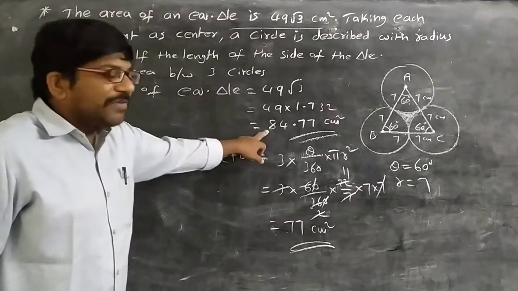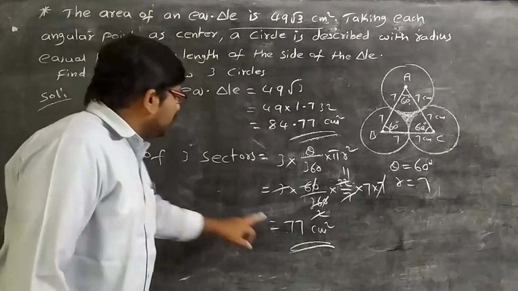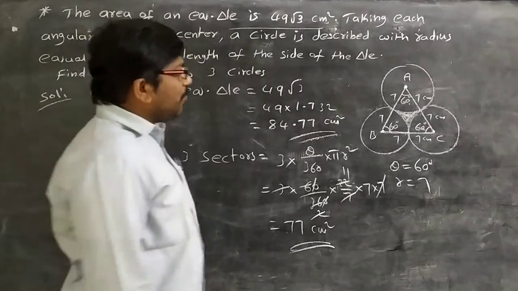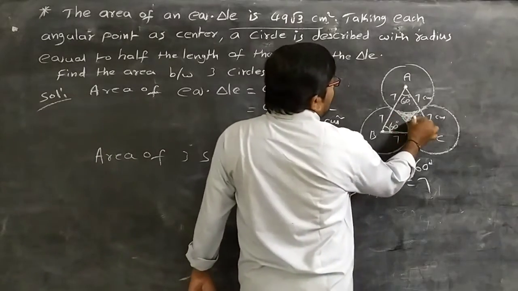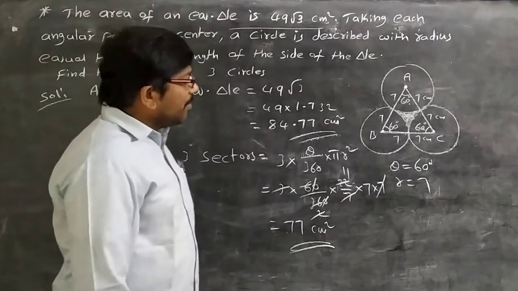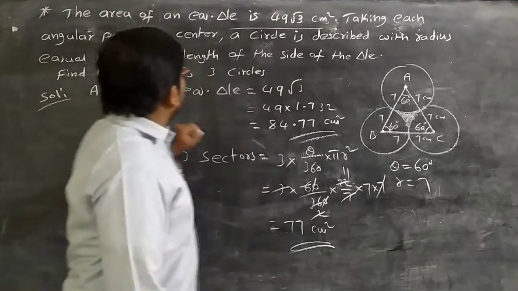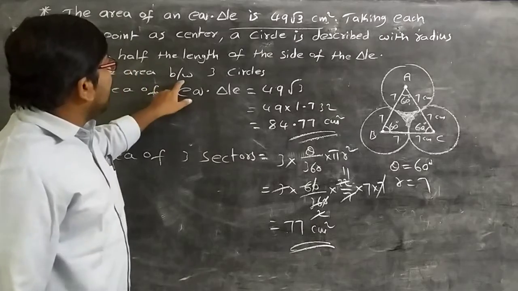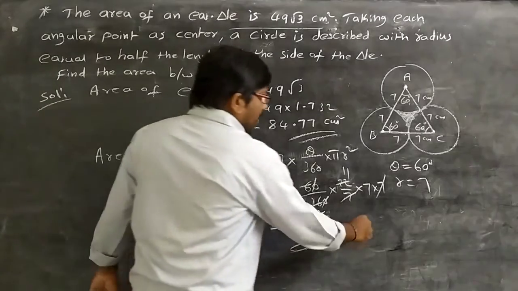So we know the area of equilateral triangle and the area of three sectors. Therefore the area of the shaded region in between three circles, this is the required area. Find the area between three circles.